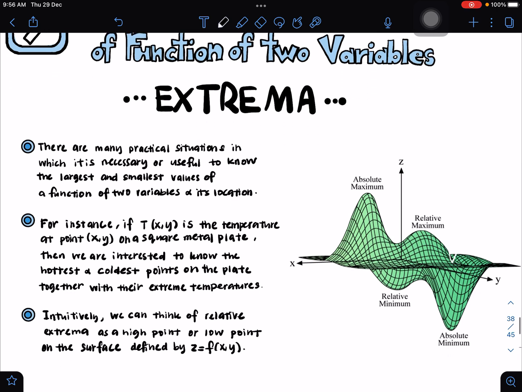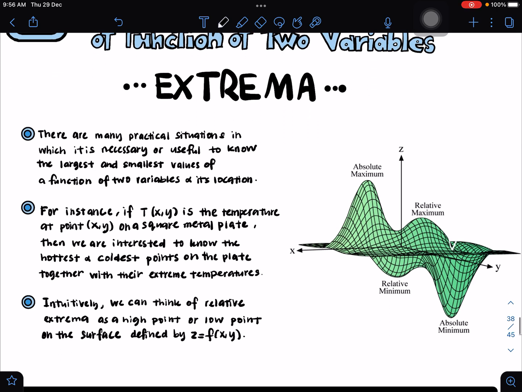What is the meaning of the extrema? There are many practical situations in which it is necessary or useful for us to know the largest and smallest value of a function of two variables and its location. So we know that the function actually represents a physical system.